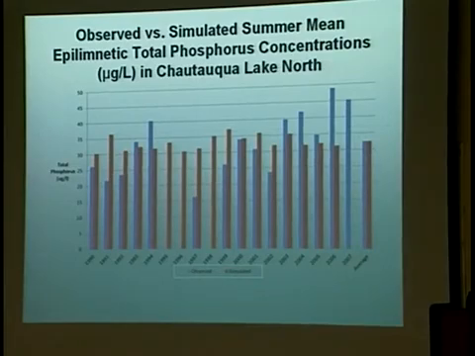For whatever reason, over the past several years, we are having more phosphorus coming into our system than we anticipated. Basically that is what this means. Since about right around 2000 or so, something's changing. There is a phosphorus source coming into Chautauqua Lake that we were not anticipating.